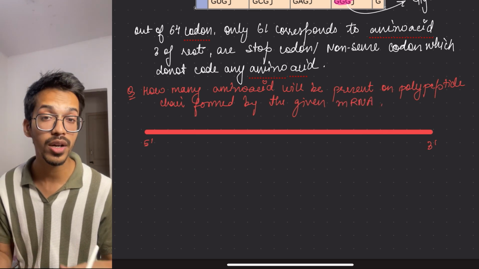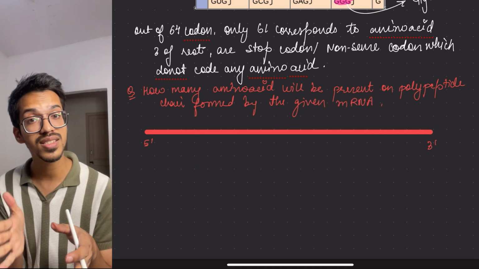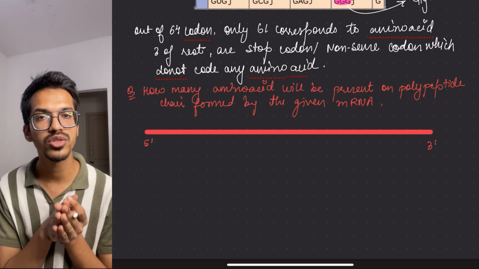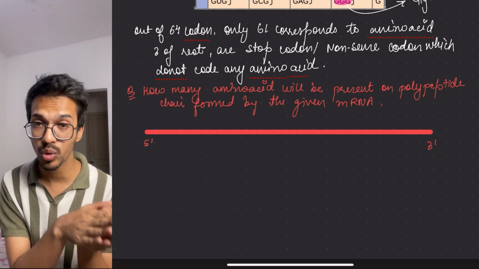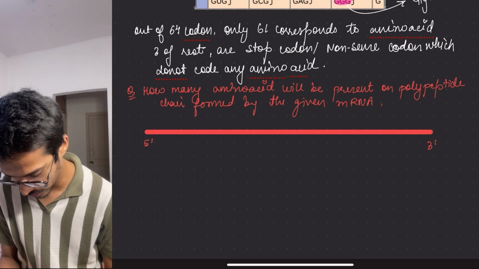So you have to count the number of codons between the start and the end codon. Start codon is always AUG, and the stop codon could be any of those three. So you have to just identify those.